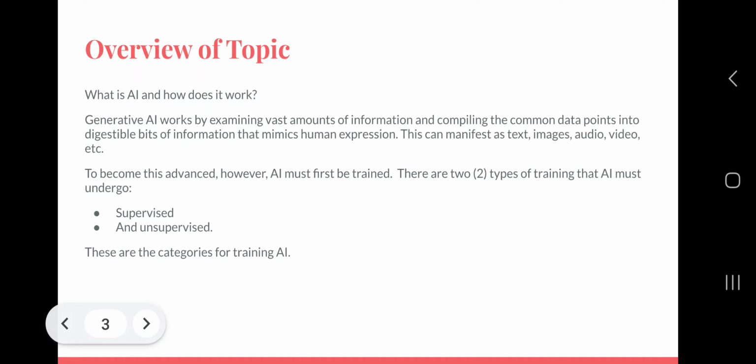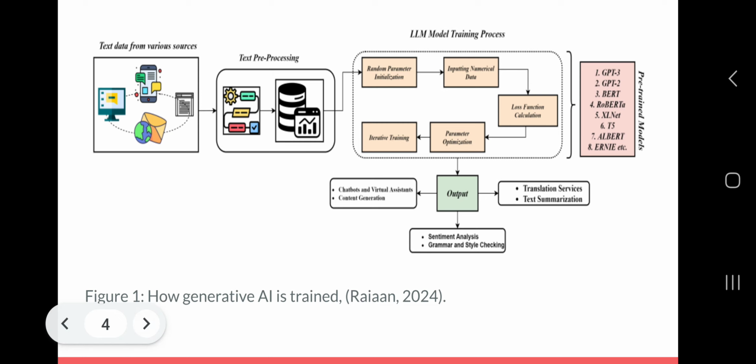This is a map of training AI from a review on large language models, architectures, applications, taxonomies, open issues, and challenges. This figure talks about the different levels of training AI. You have the raw data, which is the text from various sources, all of this just floating.